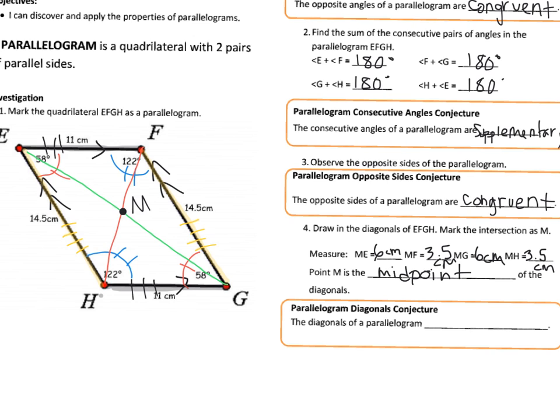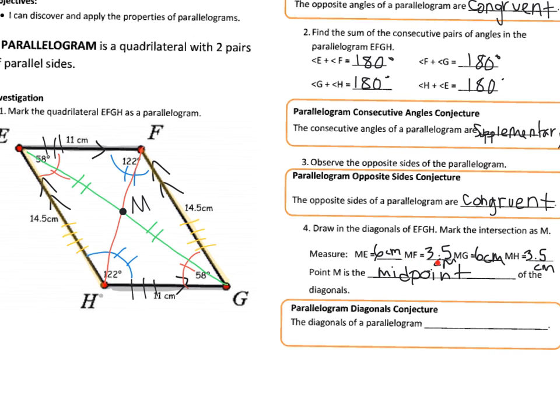So then that means point M is the midpoint of the diagonals. And if you notice, ME is 6 centimeters and MG is 6 centimeters. So ME and MG are congruent. So we're going to go ahead and mark those as congruent. So hash marks here.